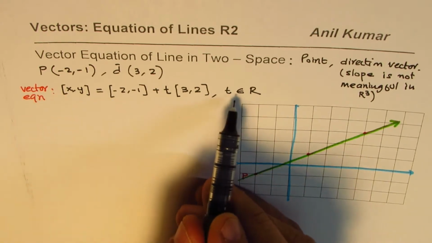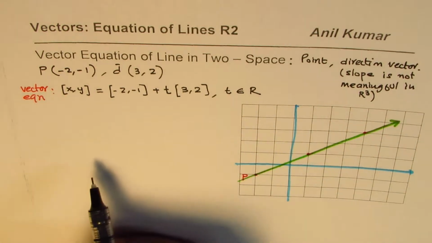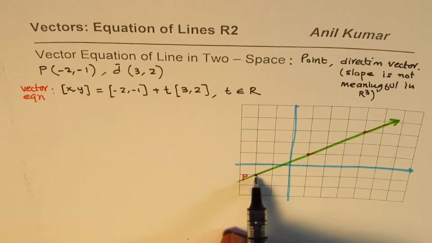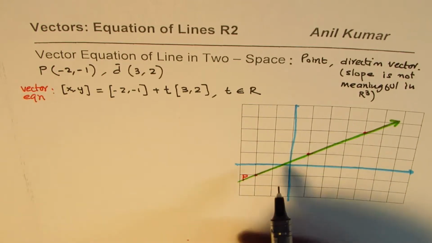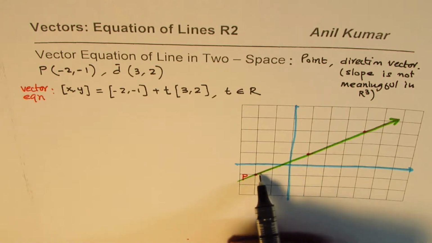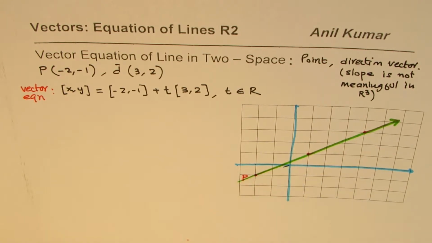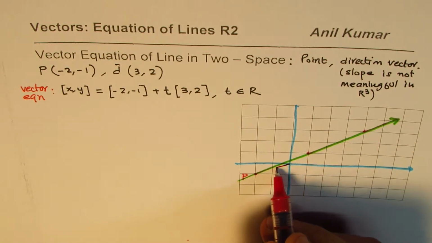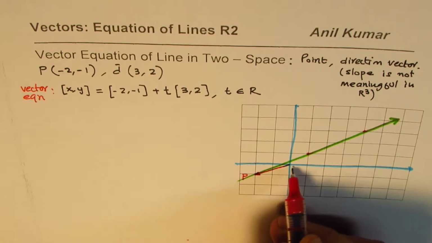So that is how you get very simple equations. Now here, minus 2, minus 1 is the position vector, which we will say from origin to this. So that's the position vector. At times we'll represent it by an arrow like this. So this is OP.